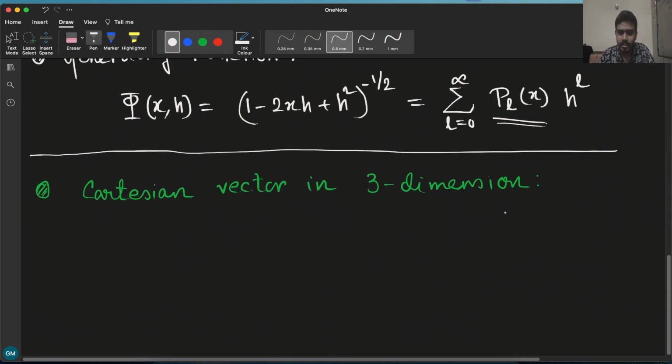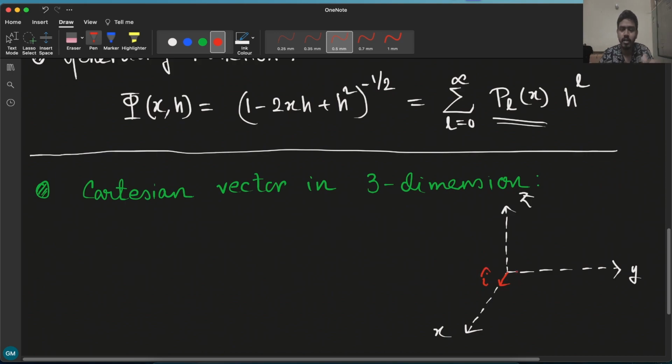So in 3D there are three orthogonal basis vectors that we can draw. These axes are x, y, z, and the basis vector along the x axis is i hat.